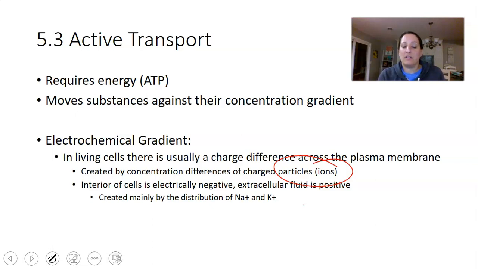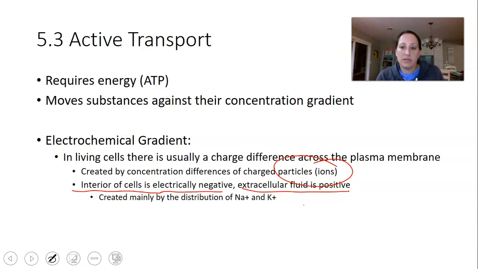When we have this electrochemical gradient established, what ends up happening is the interior, the cytoplasmic side of the membrane, ends up being overall negative in charge, and the extracellular side of the membrane, the outside, has an overall positive charge. Okay?